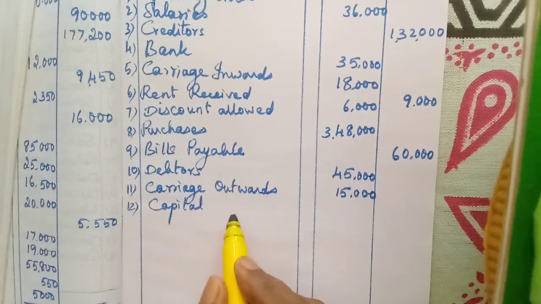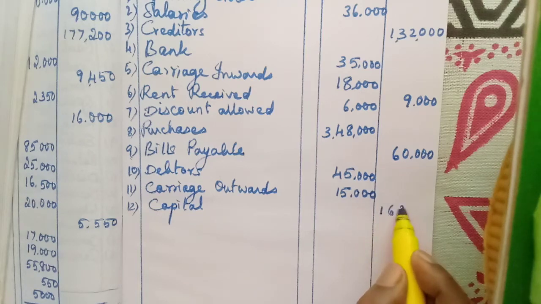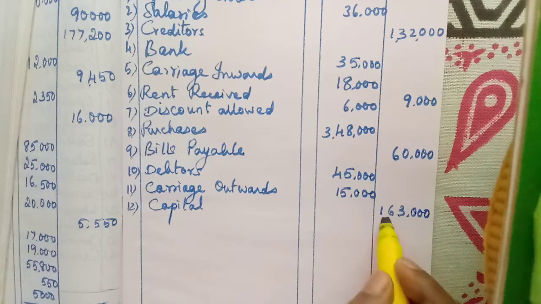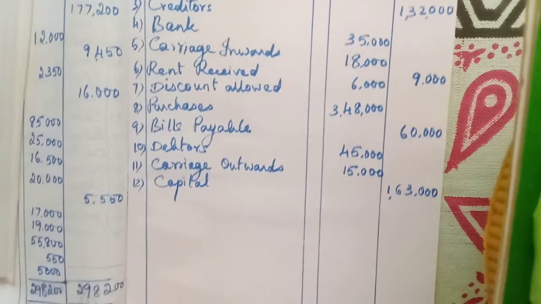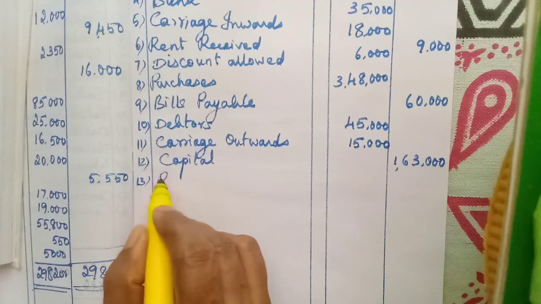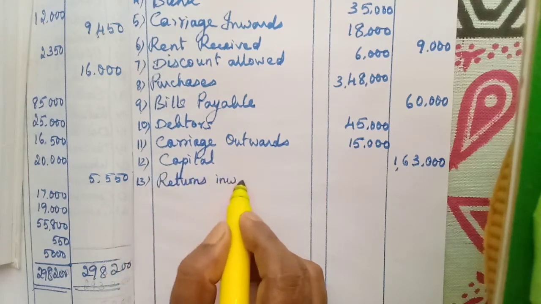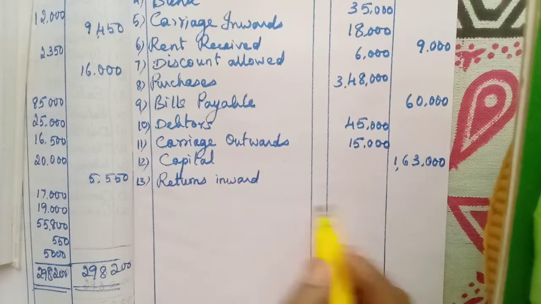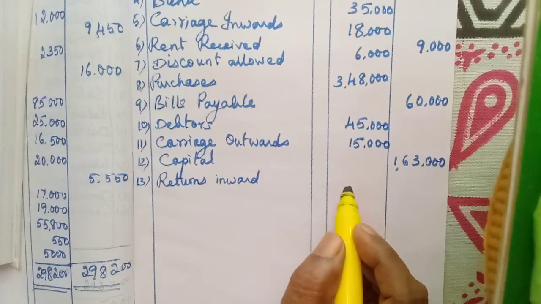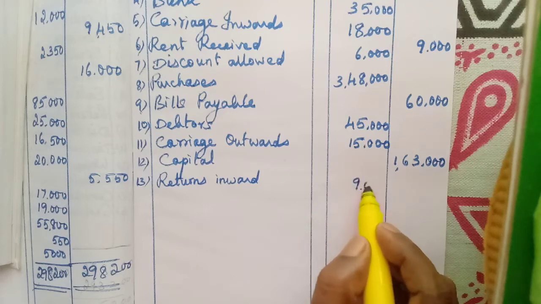Capital long-term liability credit. Capital credit 1,63,000. So 1 lakh then 63,000. Okay. Returns inward. Returns inward means sales returns debit. Okay. 9,000.